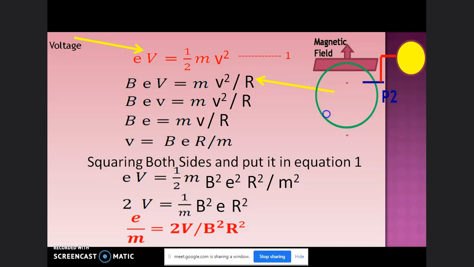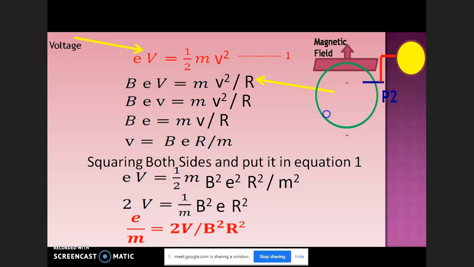If we solve this, we get: the left side is Bev. Now, in the first equation, another equation, Bev is equal to mv square by r, and here the v's get cancelled, so Be is equal to mv by r, and from this velocity is equal to BeR divided by m. If we square both sides, we get v square is equal to B square e square r square by m square.